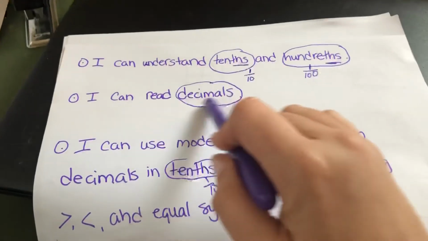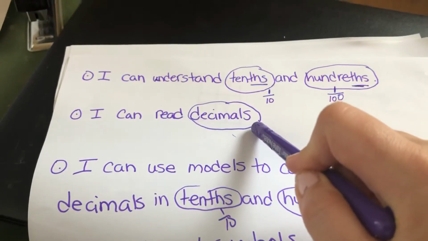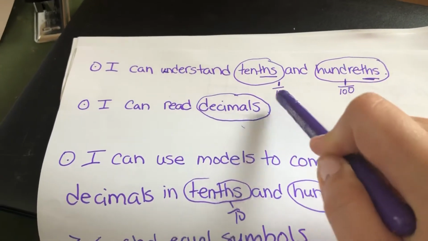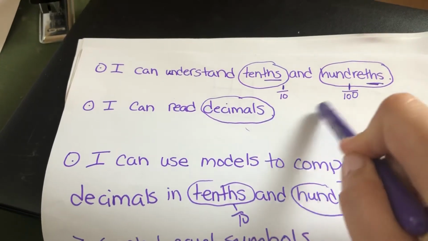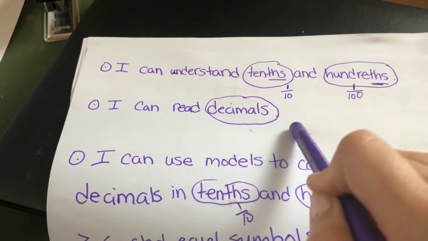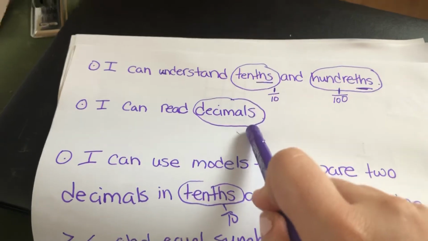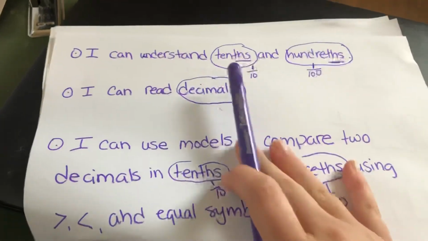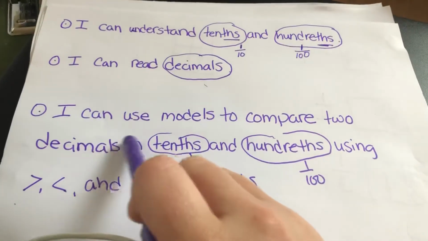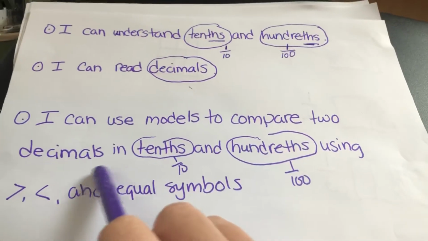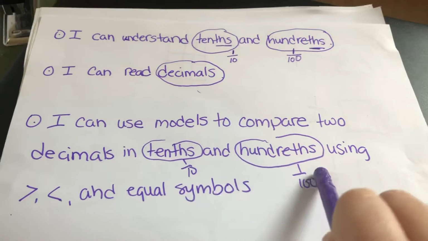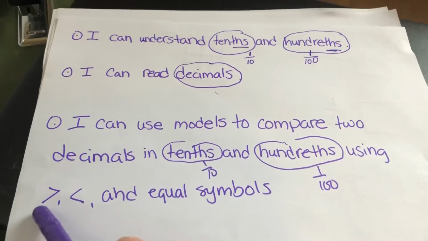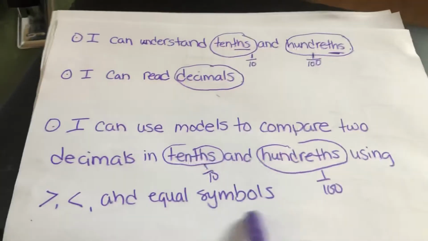I can read decimals. Decimals represent the same thing that fractions represent. It's a number less than 1. It's just a different way to write it. I'm going to go back to this one in a minute. I can use models to compare two decimals in tenths and hundredths using greater than, less than, or equal symbols.